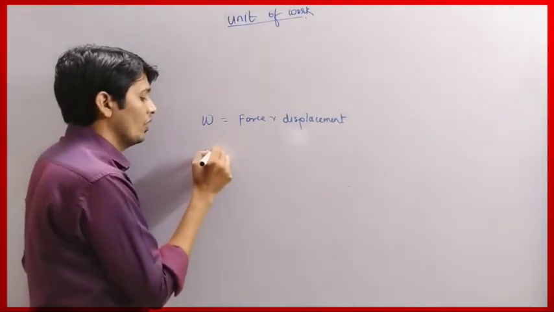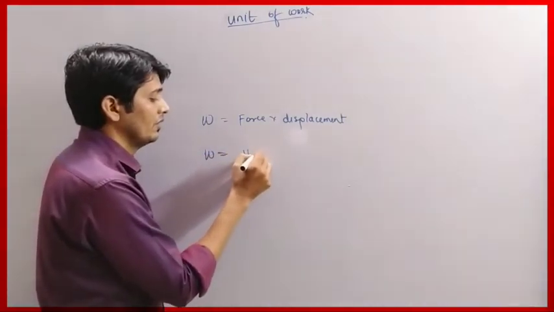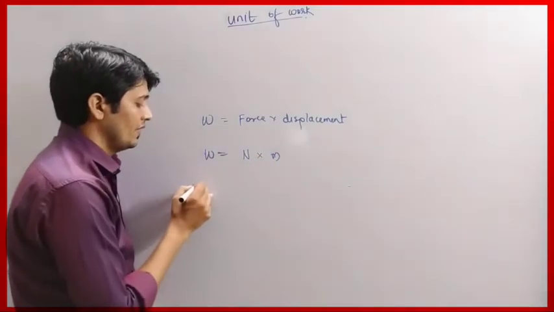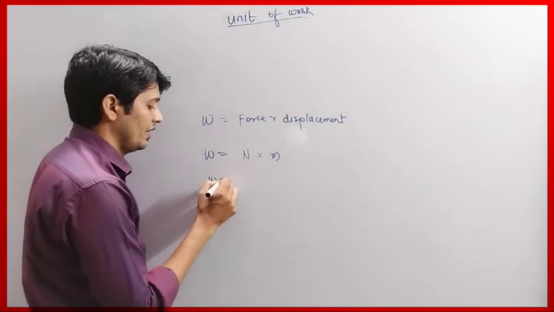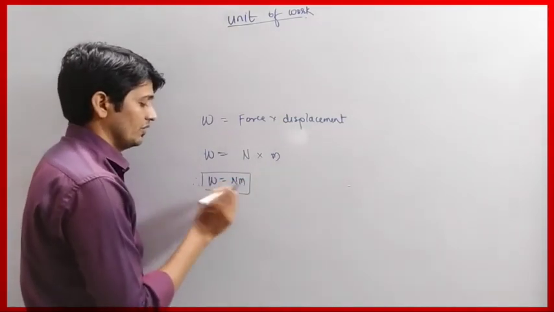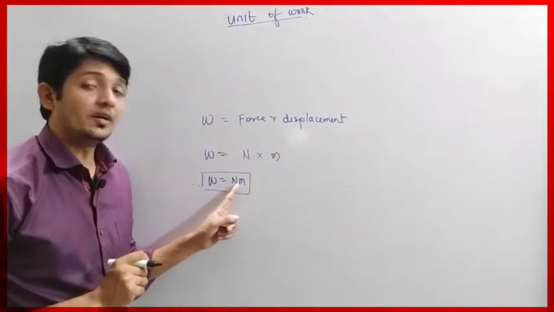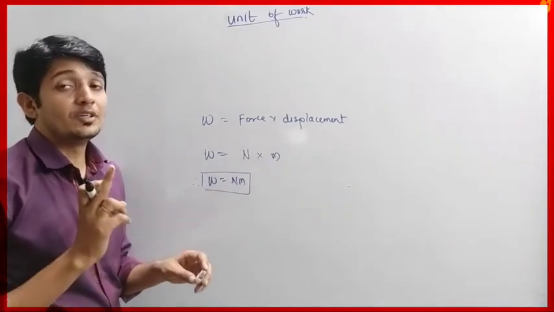So work done equals the unit of force, which is Newton, into the unit of displacement, which is meter. Therefore the unit of work done is Newton meter. Okay, so here we have the unit of work done, it is Newton meter.